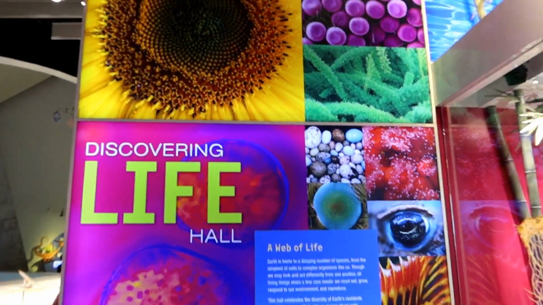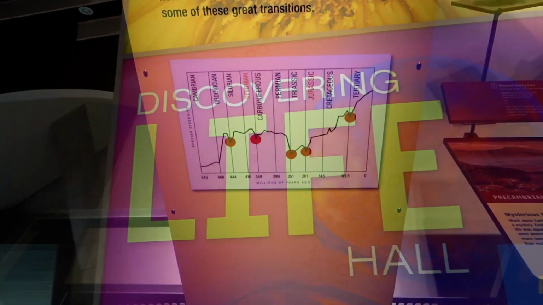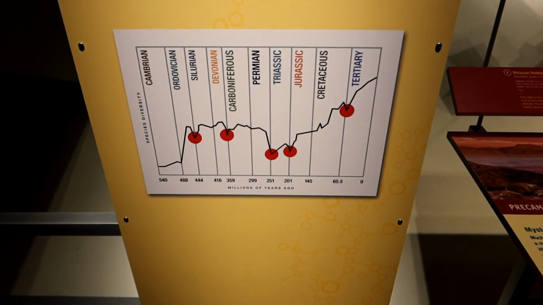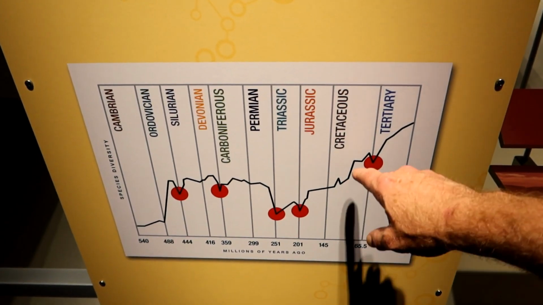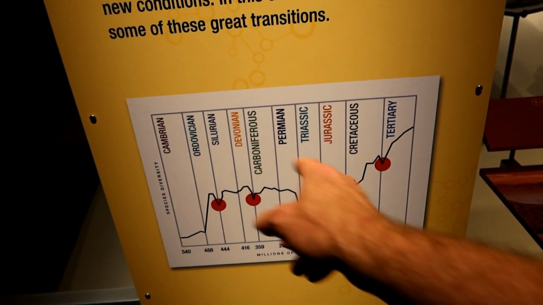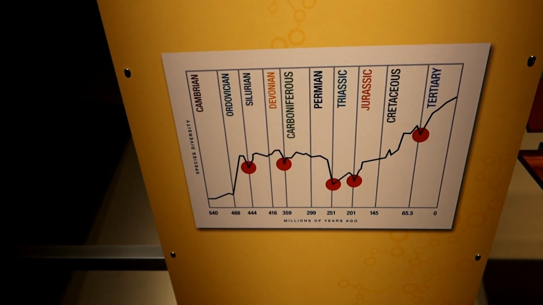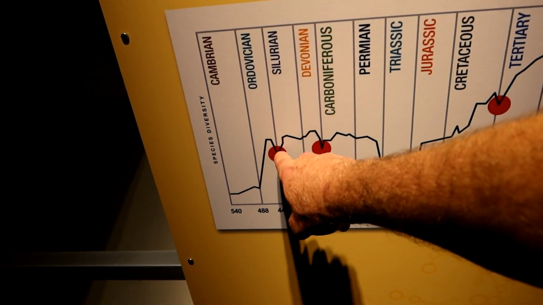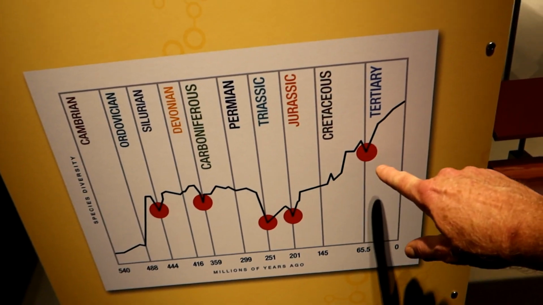And so now we're in the section called Discovering Life. So this is a little display here that shows the different periods of life on Earth. Triassic, Jurassic, Cretaceous, Permian, Cambrian, and it shows where all of the major extinction level events happened. Because you can see here, there was one here, one here, one here, one here, and one here.